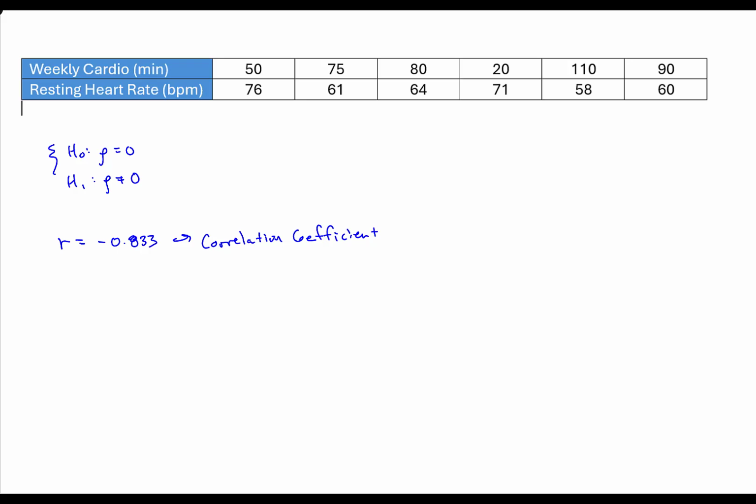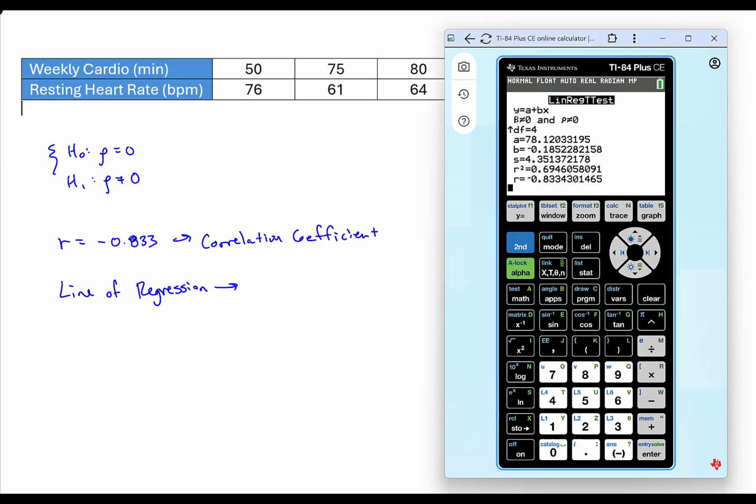Now, the line of regression, we get that through a line equation of the form y equals mx plus b. The calculator provides that. If you'll notice at the very top it says y equals a plus bx. So the b is the slope of the line because it's multiplied by x, and then a is the y-intercept. In this output, it's given us the values of a and b.